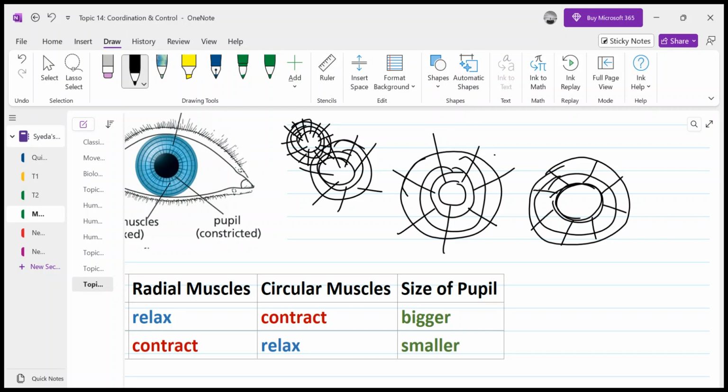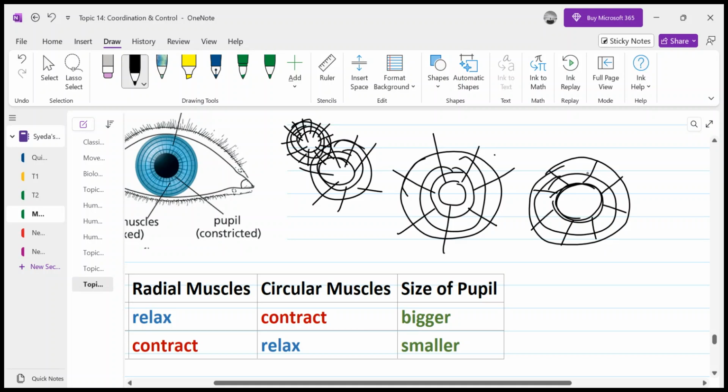So how do I remember? Let me tell you my trick. Whenever I have to tell what happens in dim light, I always feel that in dim light the size has to be increased. So what can make it increase? The radial muscle contraction. So obviously if radial muscles are contracting, the circular muscles would be relaxing.